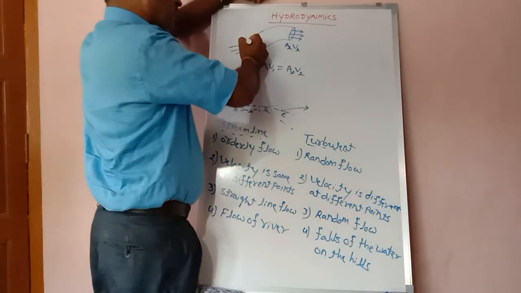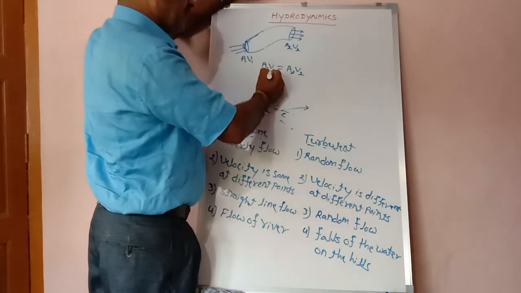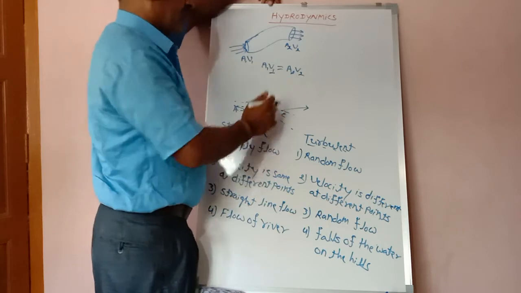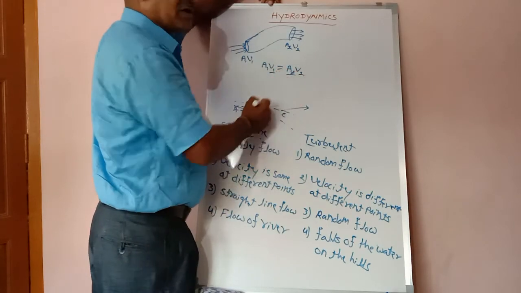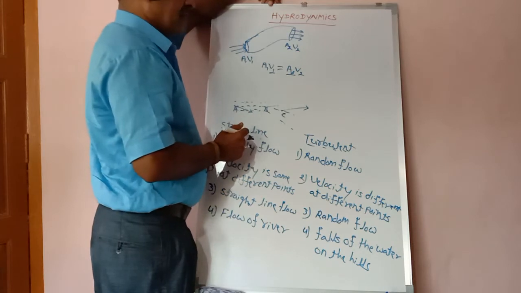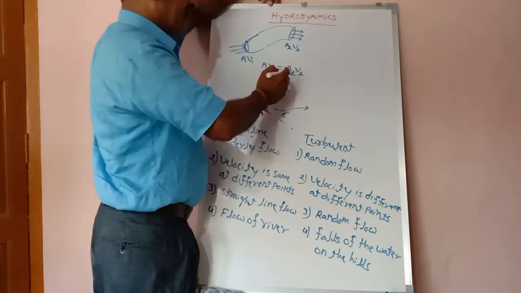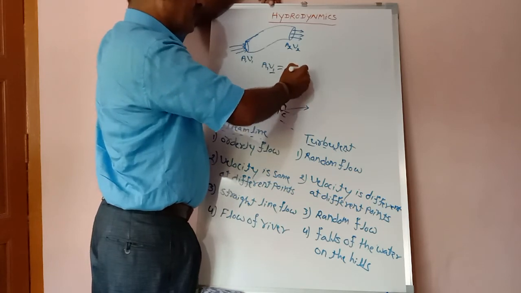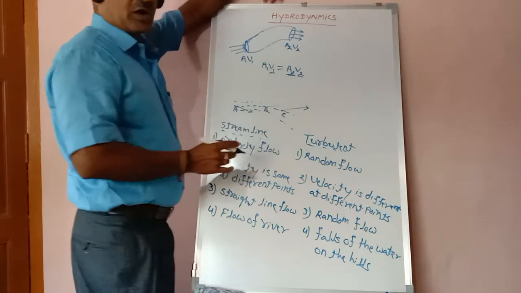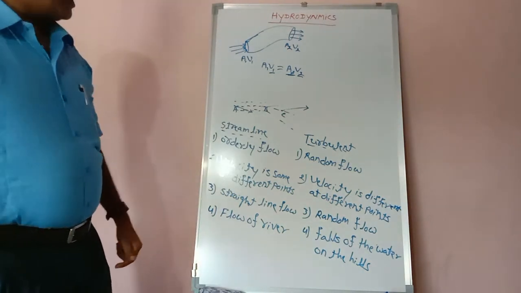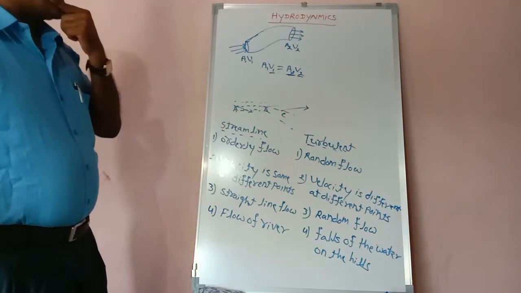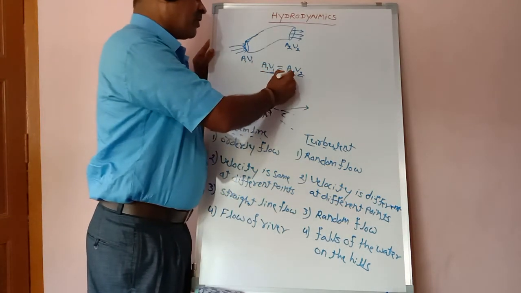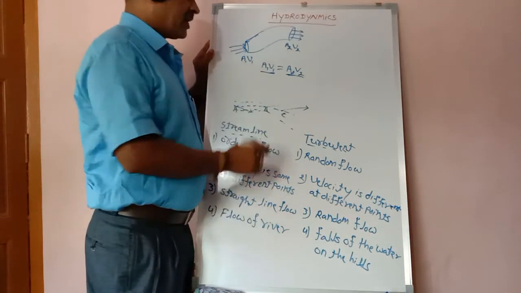Here the area of cross section is small, therefore the speed of the fluid is greater. Here the area of cross section is bigger, so the speed of the fluid is smaller. But A1 V1 is equal to A2 V2.